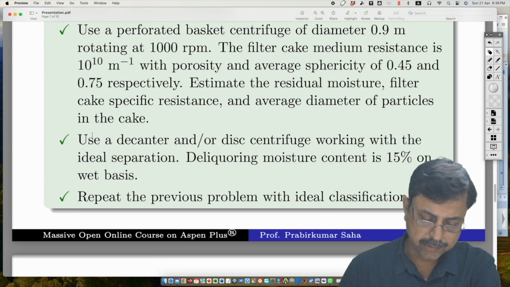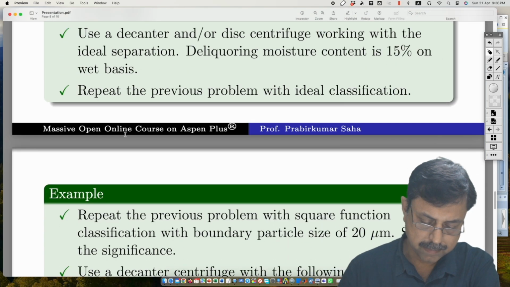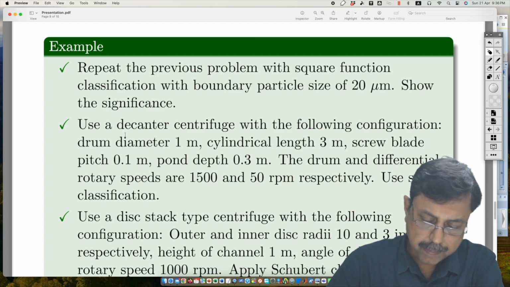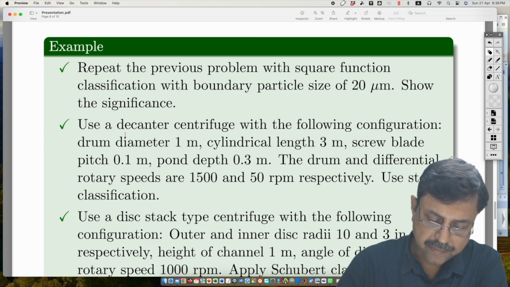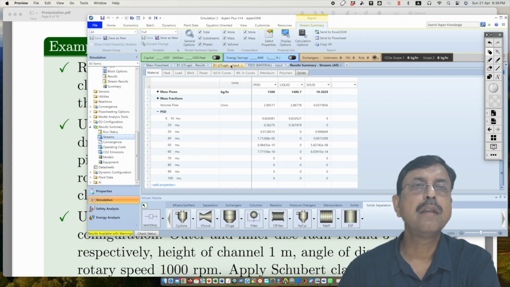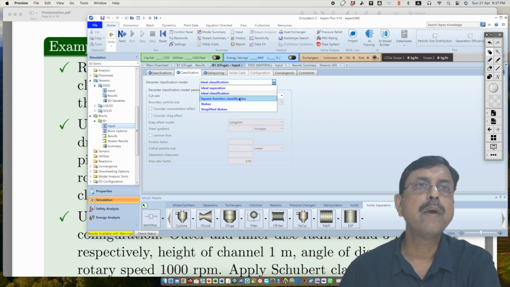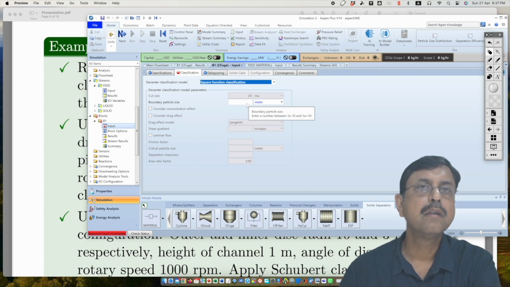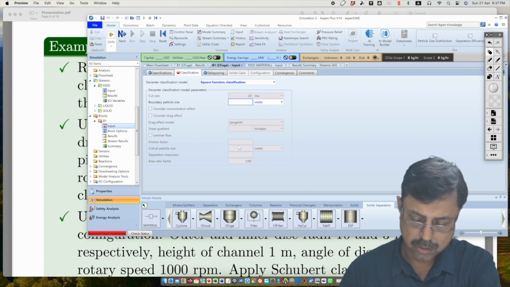Now let us go to the next problem. It says, repeat the previous problem with square function classification with a boundary particle size of 20 micron. Okay, so repeat this one with square classification with boundary 20.